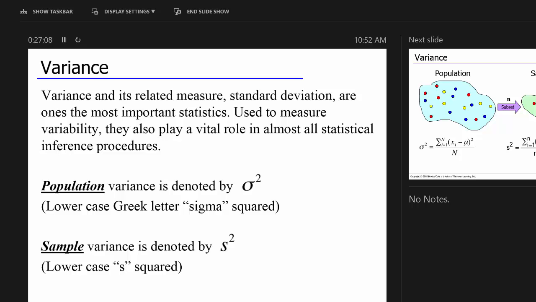So you can see the trend, right? Statisticians use Greek letters when it comes to the population, and they use English alphabet letters when it comes to samples, right? Because before that we had mu for the population mean, x bar for the sample mean. Now we have sigma squared for the population variance and s squared for the sample variance.